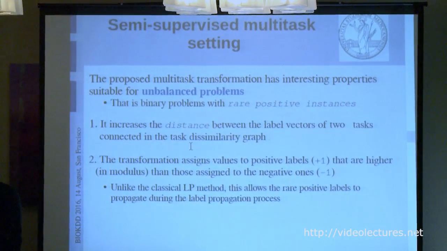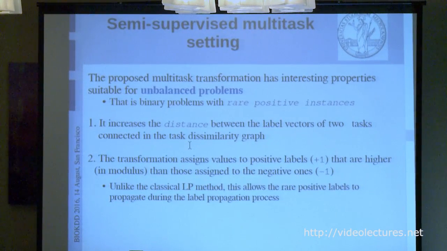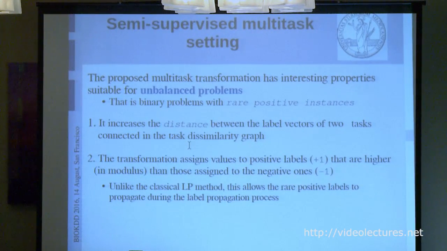The other contribution, the other reason, number 2, is that this transformation is suitable for unbalanced problems. When you have a rare positive in your labeling, in your classification problem, this kind of transformation is suitable for such kind of labelings, for problems in which positives are rare.